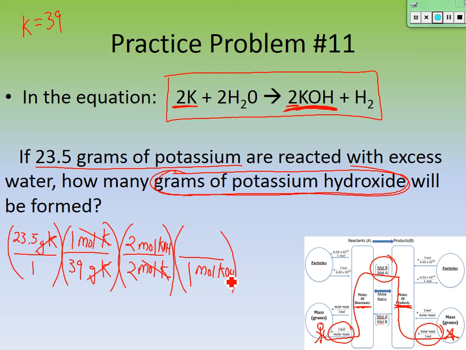Oxygen is 16, and hydrogen is what, guys? 1. So what do you get for the molar mass? 56. 56 grams of KOH has got to go on top because that's how you measure molar mass. Now my moles of potassium hydroxide is gone. We can stop because I'm at grams of potassium hydroxide. And now it's just a math problem, right?